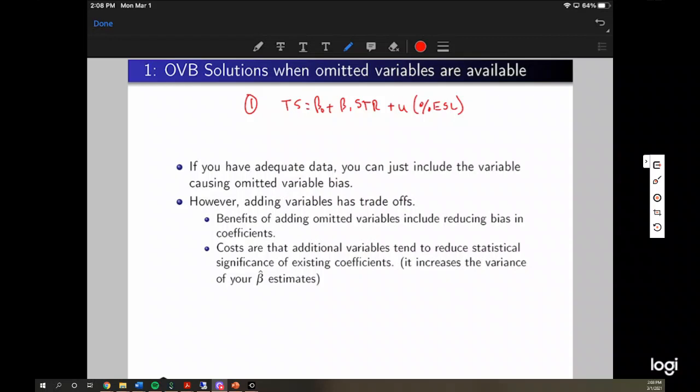Go look that up if you don't know those 2 conditions. And so we know that in this specification, the correlation between u, which is a function of % ESL, and STR does not equal 0. We know there's some correlation there, so assumption number 1 is violated in regression 1. So we prefer regression 2, where we include % ESL.